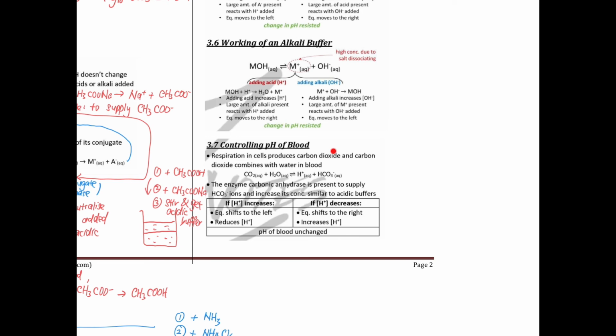Carbon dioxide is formed when the cell goes through respiration. And carbon dioxide combines with water in the blood, then they form H plus and HCO3. Carbonic acid, basically.